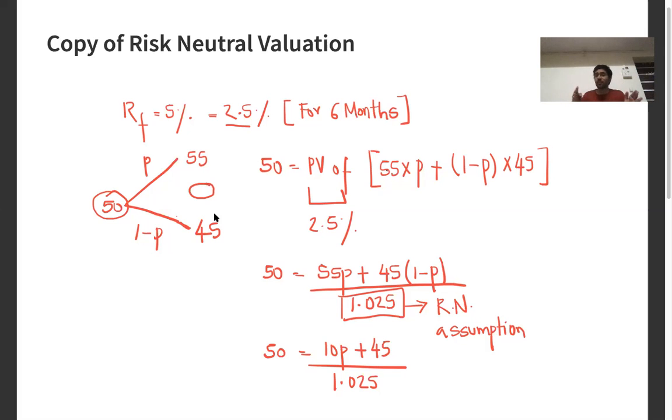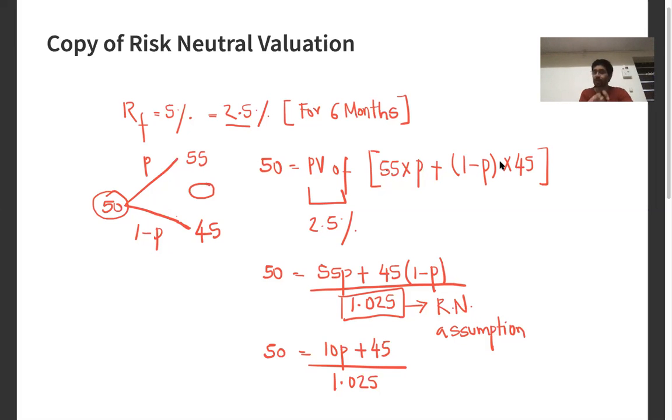Remember again, I'm talking about share cash flows, right? The share cash flow could be either 55 or 45, which means the share cash flow is not certain. There is an element of risk involved in it. And therefore, when he's discounting the expected sale proceeds, he will need a risk premium. Okay. So his discount rate is not going to be just 2.5 percent. To this 2.5 percent, he will be adding a risk premium, which is nothing but beta into RM minus RF. And he will be using that particular rate to discount the cash flows. Okay.